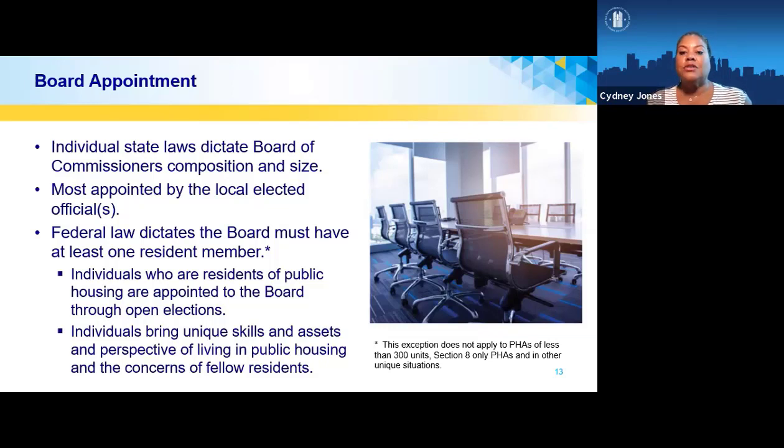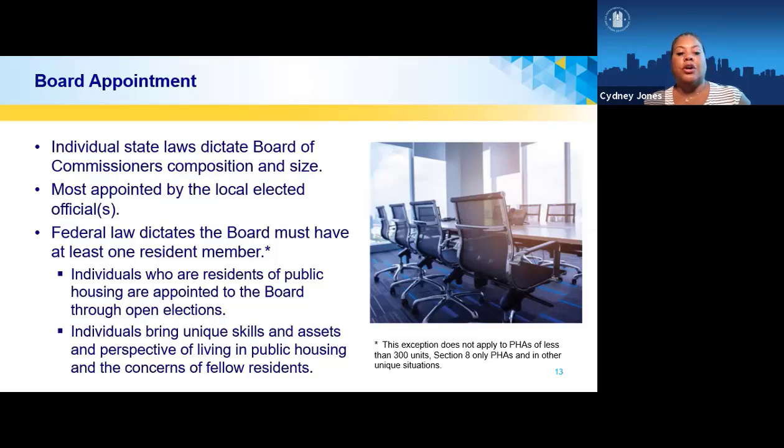Now, there are exceptions to having a resident commissioner if the housing authority has less than 300 units or has no public housing units, like it's a Section 8 program only. Then the housing authority may not have to have a resident commissioner.